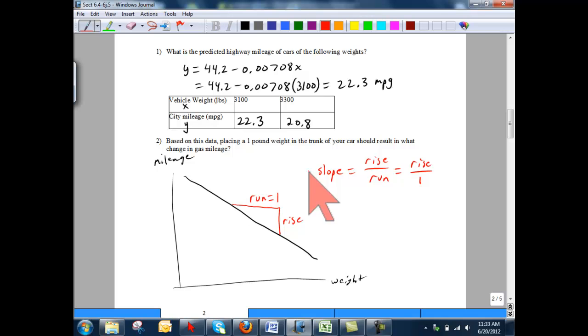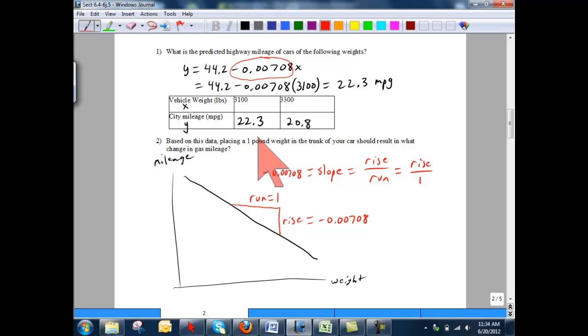But I know what this number is from Excel. The slope is negative 0.00708. And rise over 1 is just rise. And so the rise is, in this case, a negative number. And it's the answer to the question.